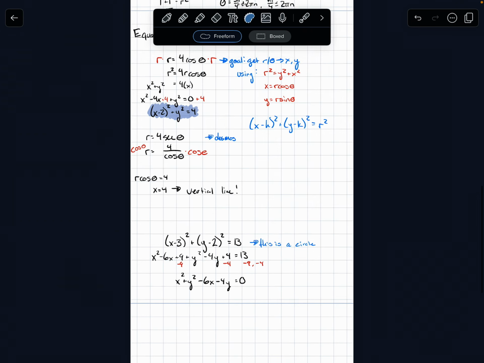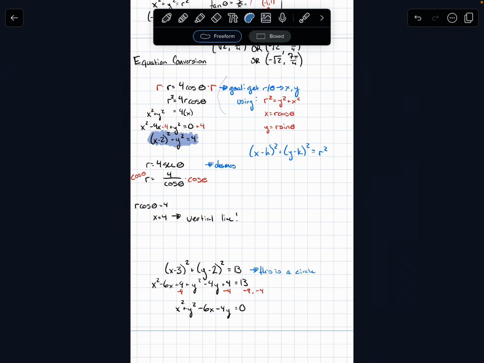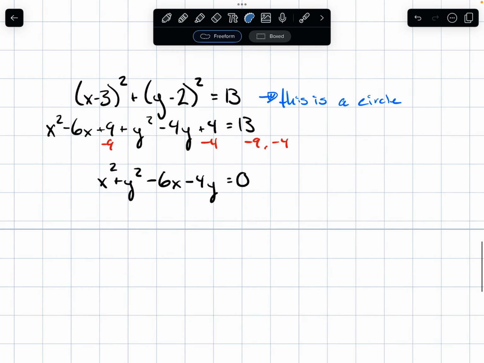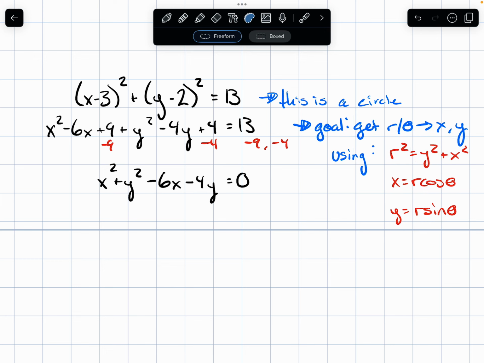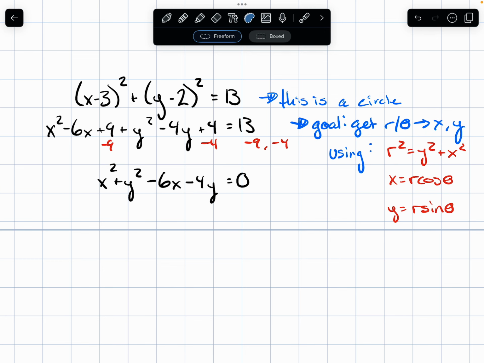I want to bring it into polar, so I'm going to grab my little ideas that I want to follow. Much like when we were verifying and solving for trig stuff, we have some ideas to follow. If I see x squared plus y squared, I can replace that with r squared.